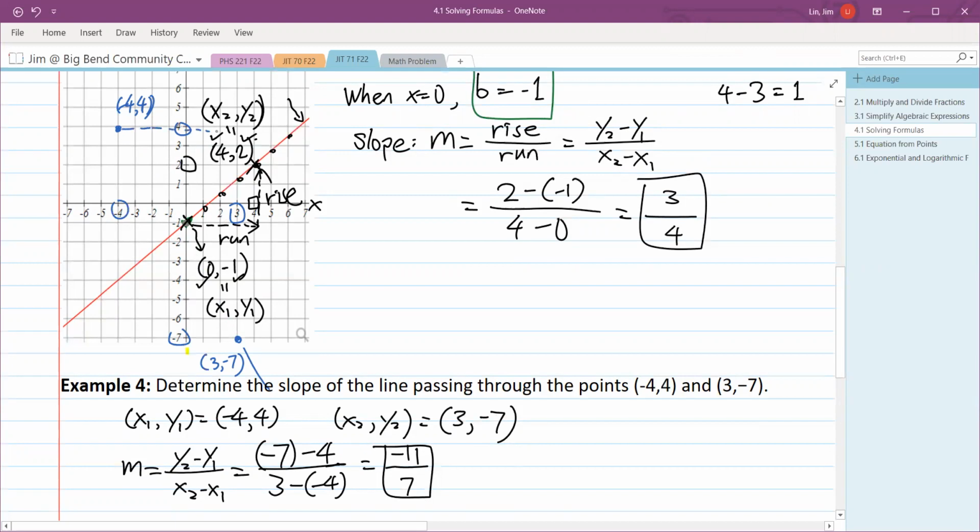Because we have the run in this way, but we have the rise downward instead. So if the rise is not actually rising but dropping like that, then that means you have a decreasing trend, and that's why the slope is negative. Problem solved.